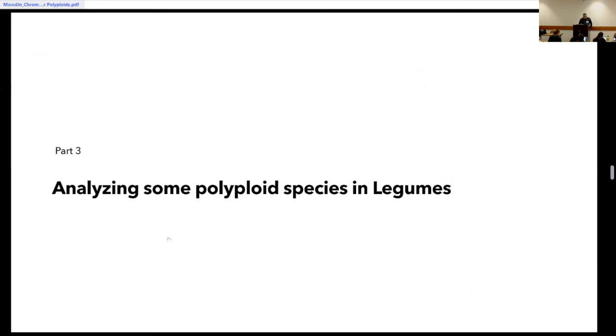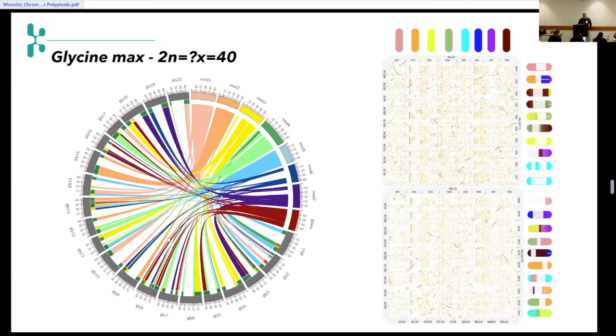So let's go to analyze some of these polyploid species. Firstly, Glycine max, with 40 chromosomes. What we did was a dot plot comparing the Medicago genome with the Glycine max genome, and then we reconstructed the chromosomes based on the pieces of the Medicago genome.